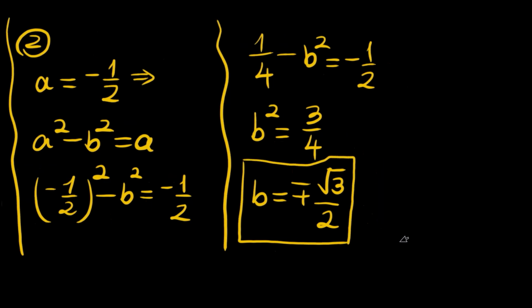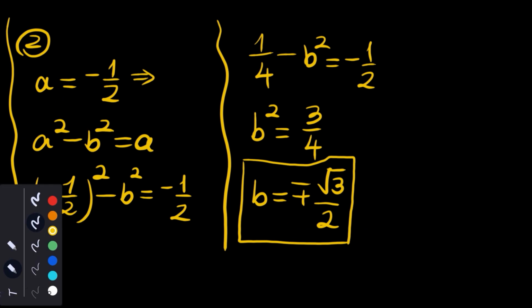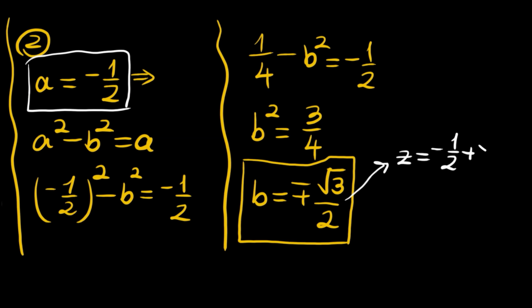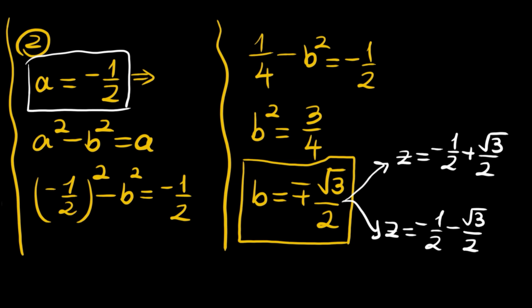So our solutions from this part become z is equal to, a is negative 1/2. Remember, z is equal to negative 1/2 plus root 3 divided by 2 i, or z is equal to, again, negative 1/2, but minus root 3 divided by 2 this time.